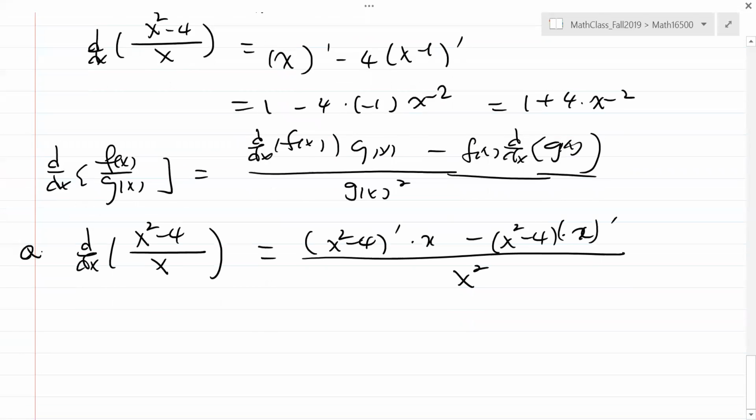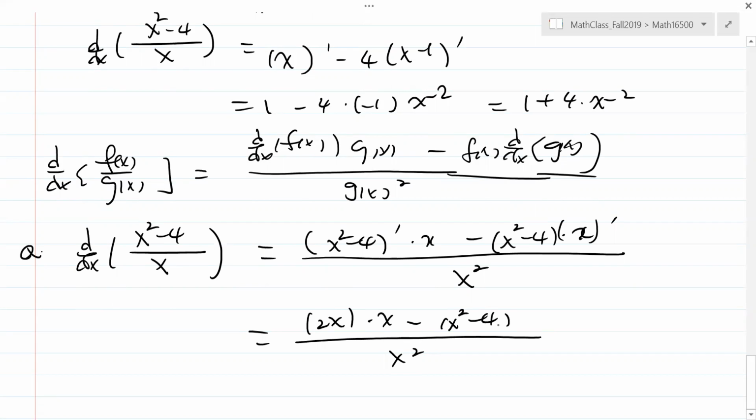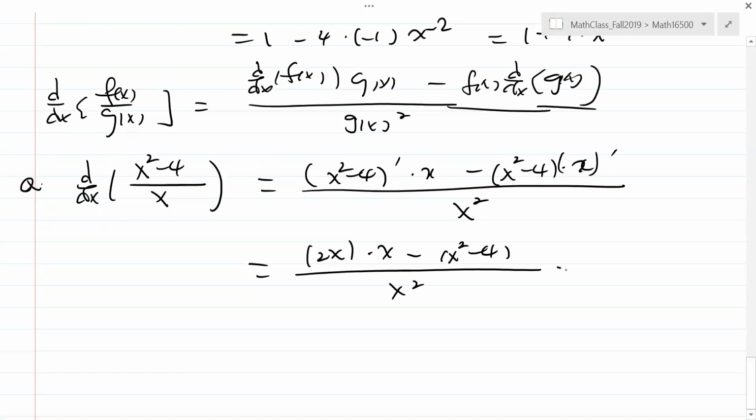All right, so let's simplify it. The derivative of x squared minus 4 is 2x, and this is just x squared minus 4. So we have to simplify. 2x times x is 2x squared. 2x squared minus x squared is x squared, plus 4, over x squared.